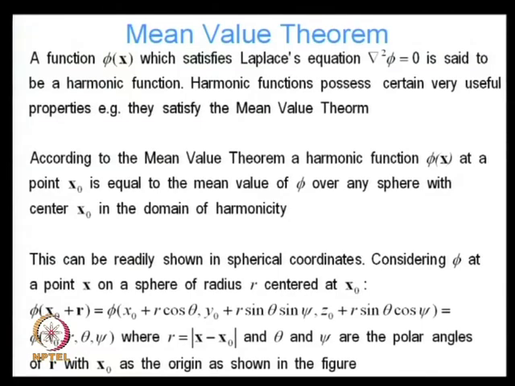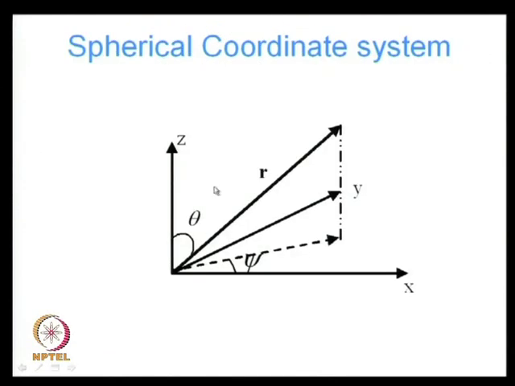Spherical coordinates are just a coordinate system where the coordinates of a point are given in terms of the radial distance from the origin, and two angles: one angle theta is the angle of this vector with respect to the z axis, and an angle psi, which is the angle between the projection of this vector on the xy plane and the x axis. So, now instead of x, y, z, we are going to look at r, theta and psi.